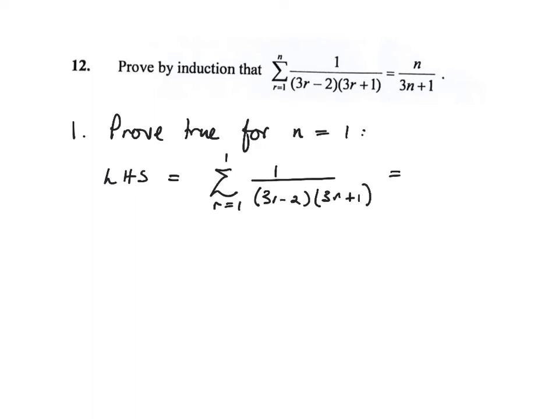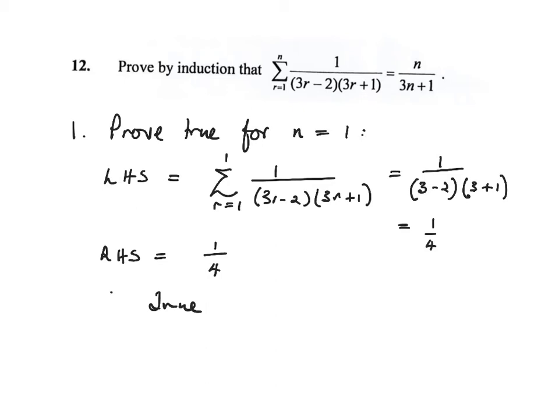Replacing r then with 1 is 1 over 3 take away 2 and 3 plus 1. That's 1 over 4. The right hand side, when n has the value 1, we've got 1 over 4. So it's true for n equals 1.